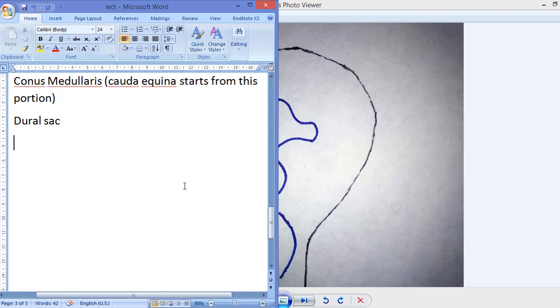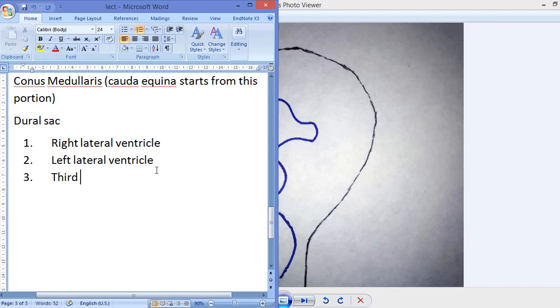I'm going to write in detail. There are four ventricles in the brain: the right lateral ventricle, the left lateral ventricle, the third ventricle, and the fourth ventricle.